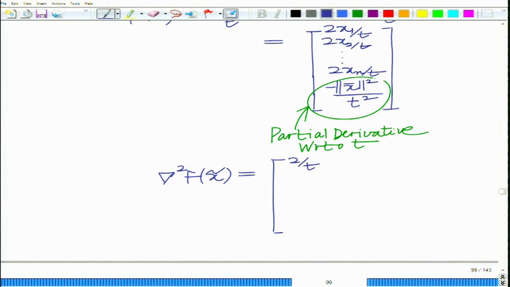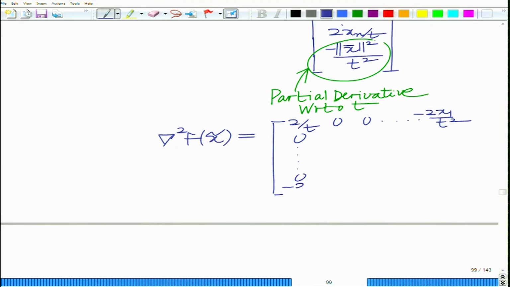Now you take 2x1 over t and differentiate with respect to x2, that gives you 0, and with respect to x3, 0. The last element, the 1 comma n plus 1th element, will be the derivative with respect to t, and that will be minus 2x1 over t square.